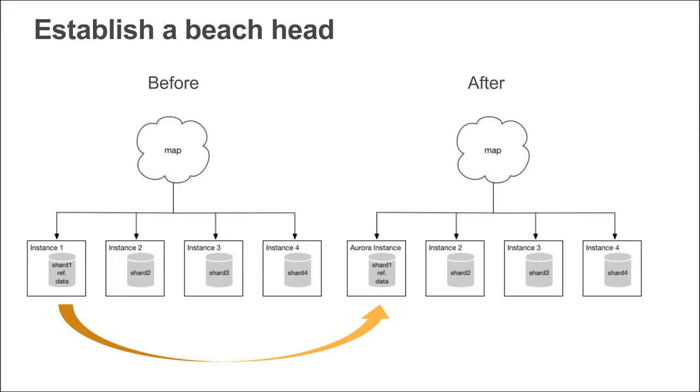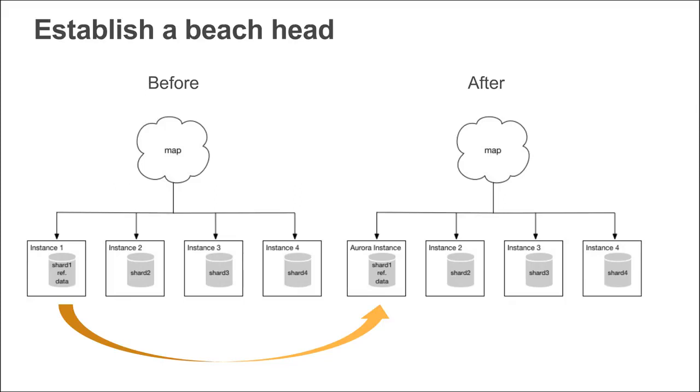Once you've moved it across, then you make sure you update your mapping function. Again, this is that map that you see in the cloud at the top, to point to your Aurora instance instead of instance 1. So when you started, it looked like the diagram you see on the left. You had everything running in MySQL shards. You've done your backup, for argument's sake, into your new Aurora instance on the right.